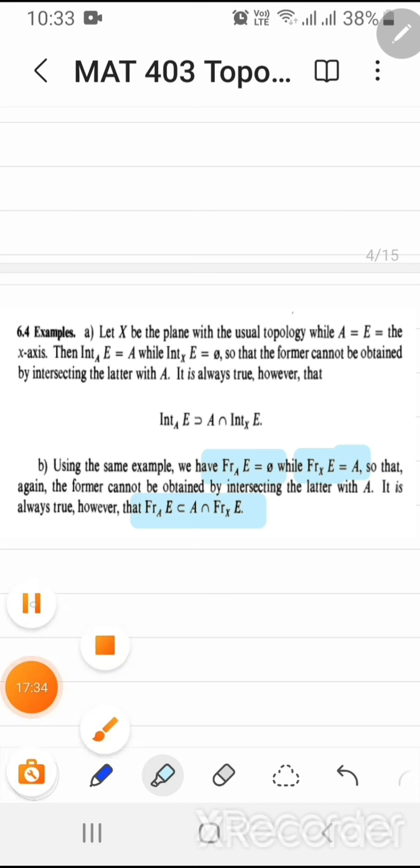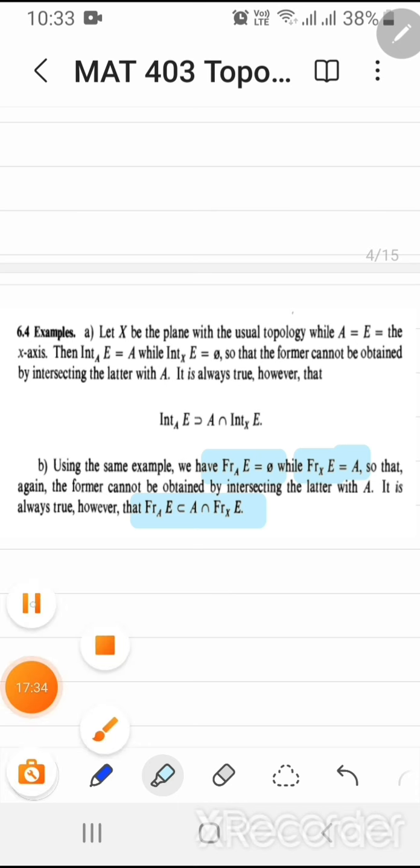Okay. Now the definition of a continuous function. If we take two topological spaces X and Y, there is a function f from X to Y. This function f is continuous if the following holds.